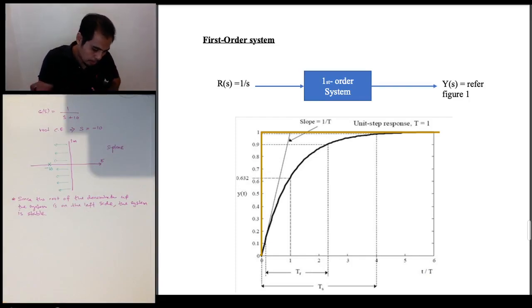And again, if we change the value of the root, let's say maybe we change G of s to 1 over s plus 1 or 1 over s plus 100, it turns out that s is equal to minus 1, s equal to minus 100.